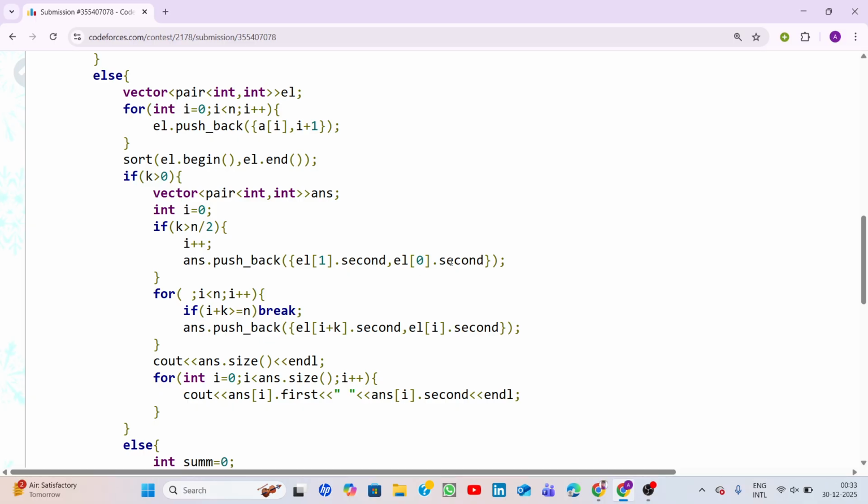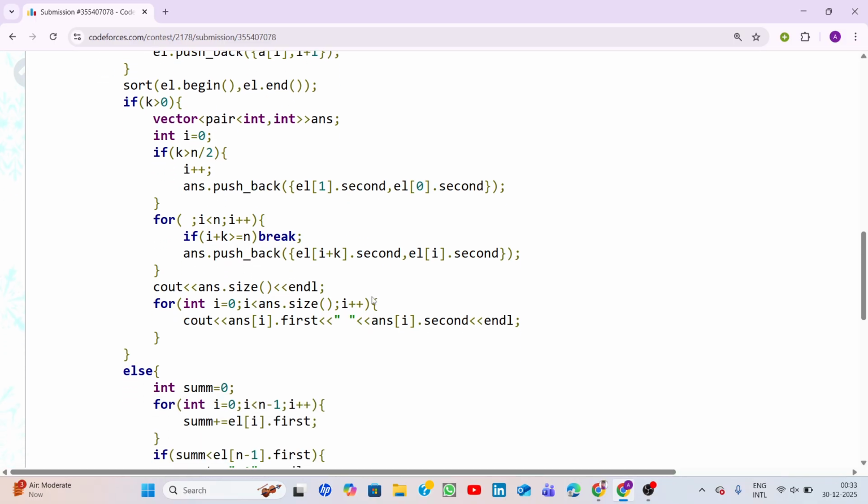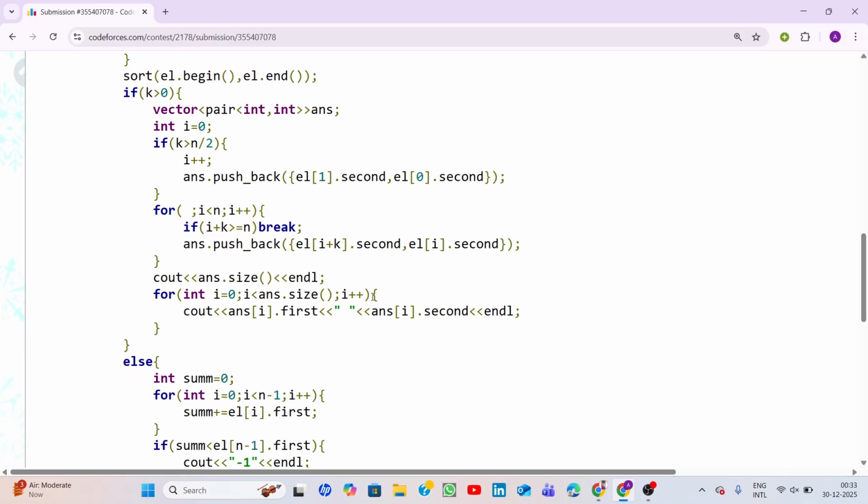Since 5 by 2 in C++ is equal to 2, but in real life it is equal to 2.5, we have to manage one case to make 4 by 2 equal to 2. Okay, so what we did was elif 1 attacked on elif 0. So elif 0 gets destroyed, and hence the remaining case gets satisfied.